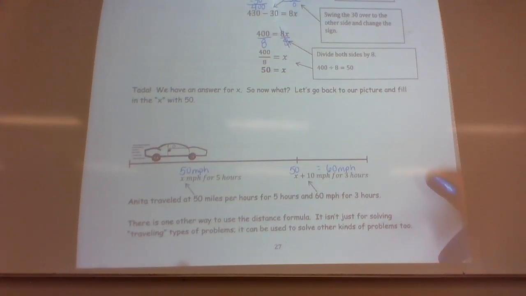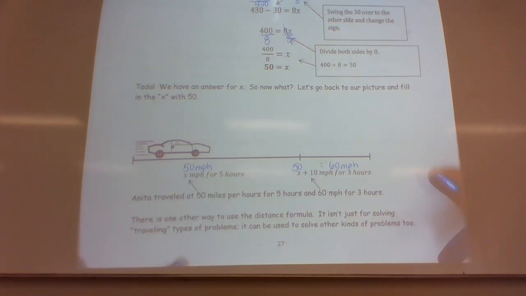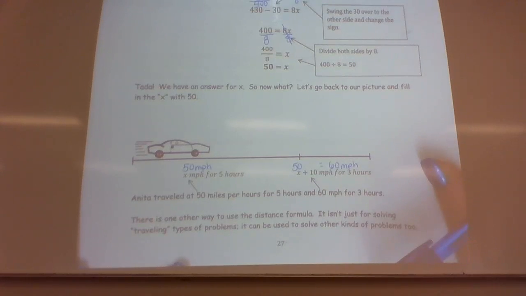So what have we done? Well, we've just figured out how fast she drove. Feel free, again, if you need to, pause, stop, go back and relook at things if you need to.